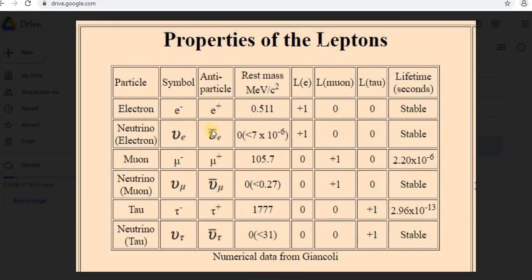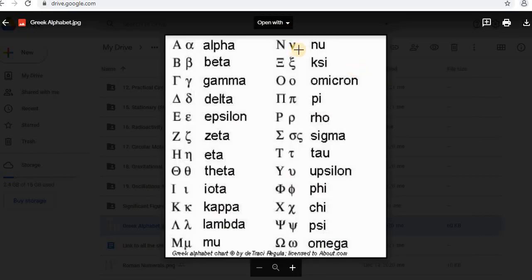But remember, we use this when it is the neutrino, either electron neutrino, muon neutrino, or tau neutrino, if that is the antiparticle of that. Anyway, if it's a neutrino, we use this Greek letter nu. Yes, so you can see these are the Greek letters. This is the Greek alphabet, and see the letter is nu. It looks like a V, but it's actually a Greek letter nu.